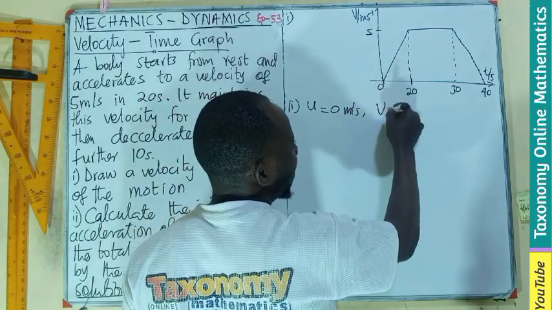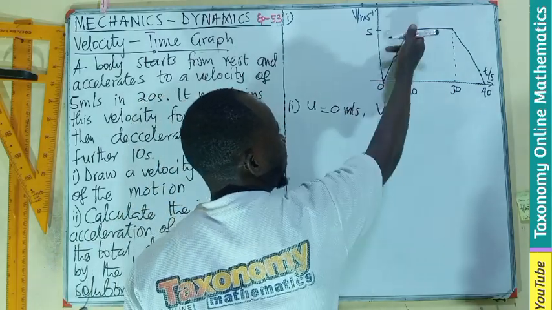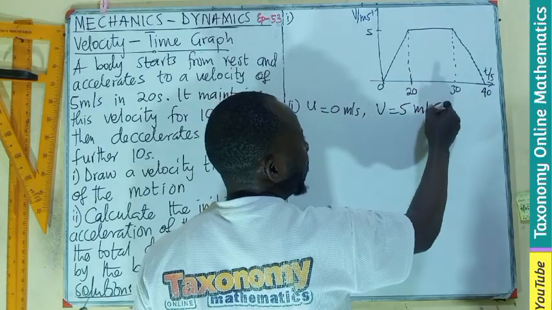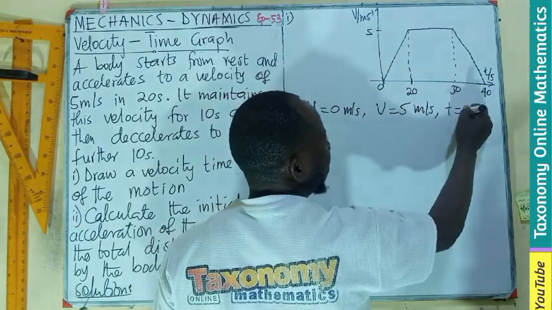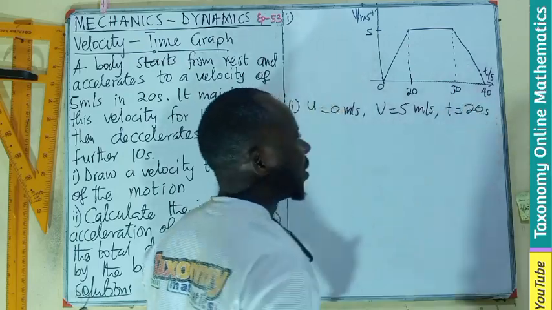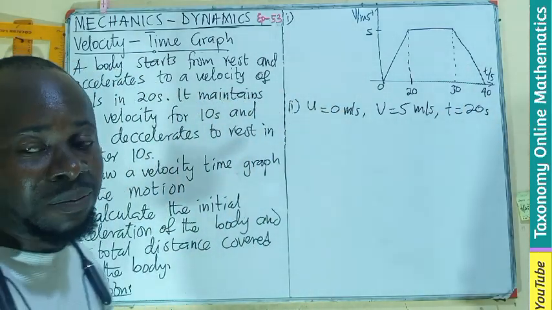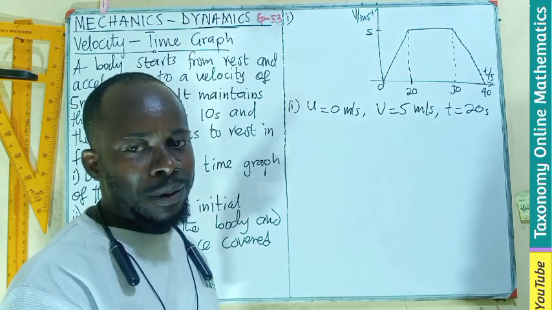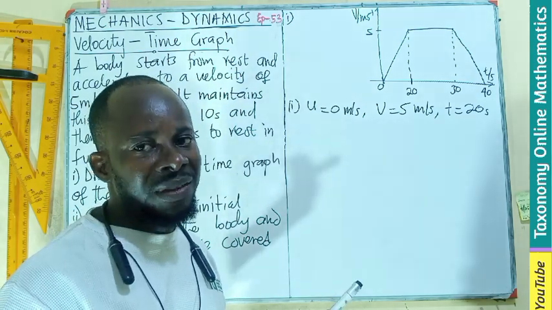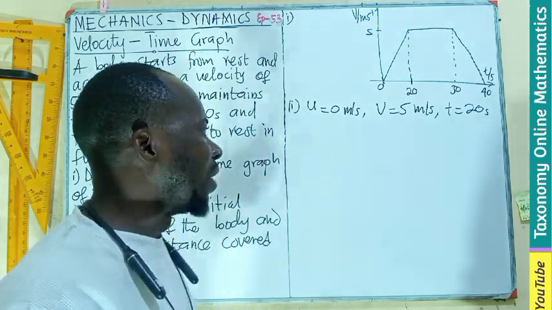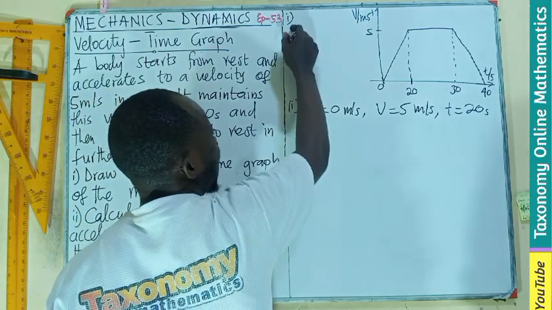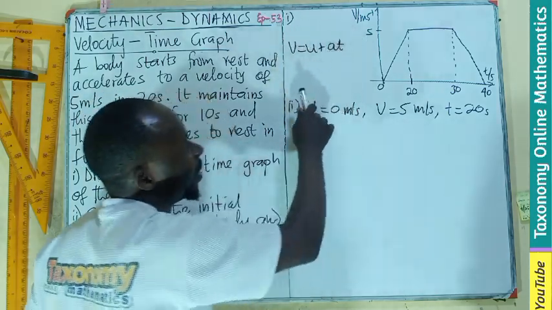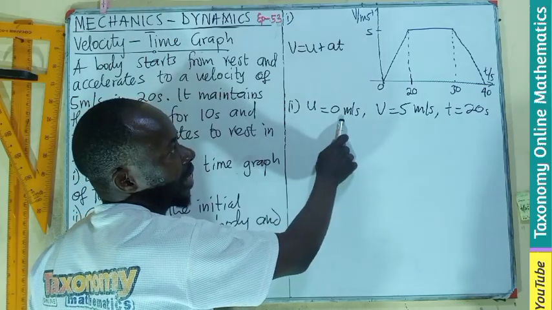Your final velocity, as in the first acceleration, will be 5 meters per second. The time is going to be 20 seconds. So to find acceleration, which is change in velocity over time, or we go in for the first equation of motion. Anyone you pick. You know, the first equation of motion is V equals U plus AT, where U is going to be 0.